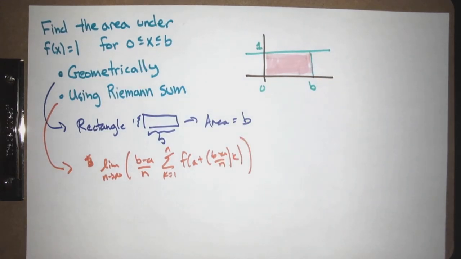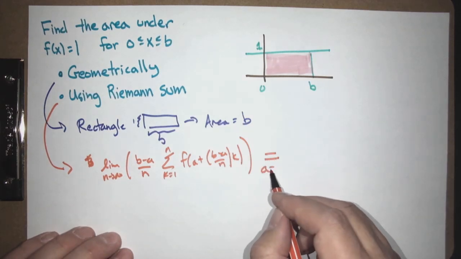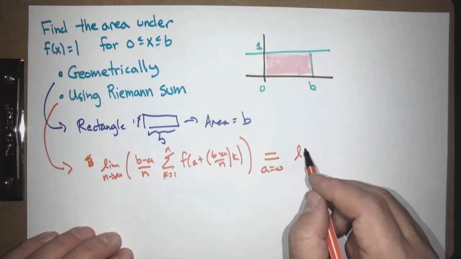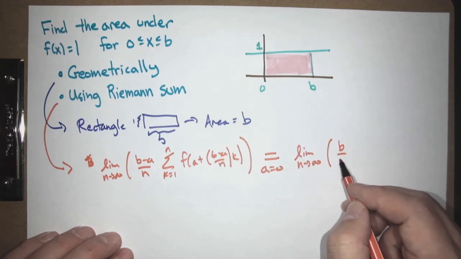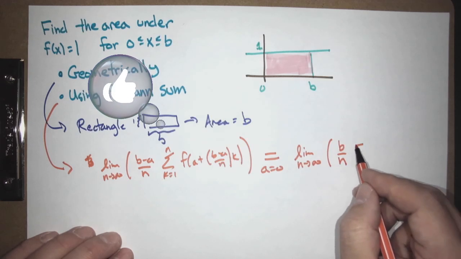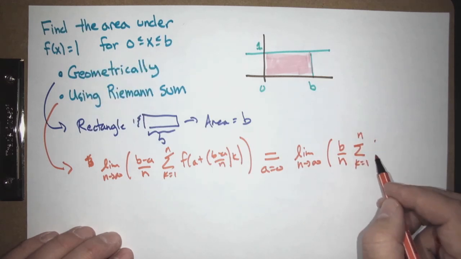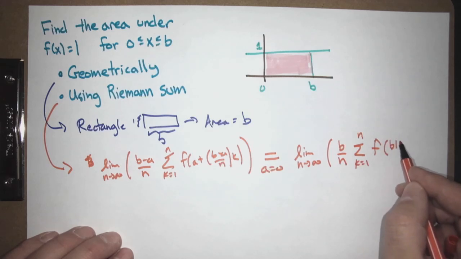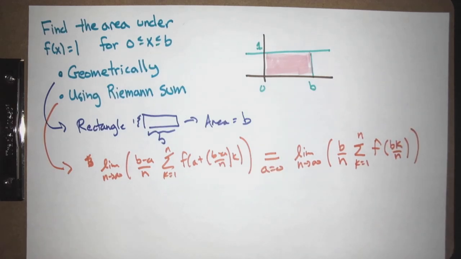Okay, now, since this is our first time writing this formula down, I'm just going to make a quick note. Since a equals 0, this simplifies. So this becomes the limit as n goes to infinity of b over n times the sum k equals 1 to n of f of b times k over n. So this uses, just plug in a equals 0.